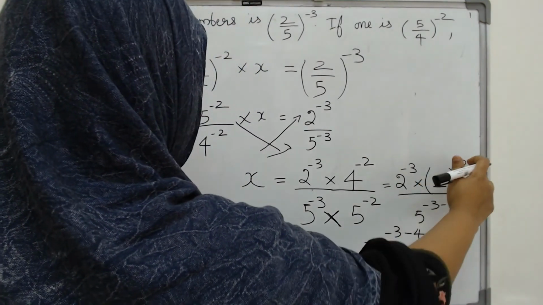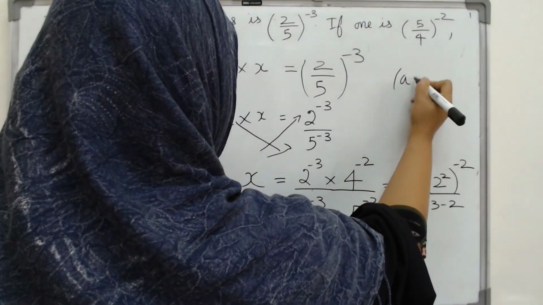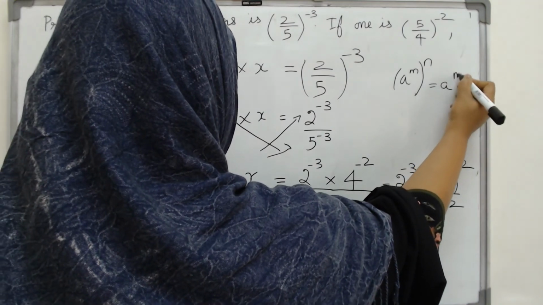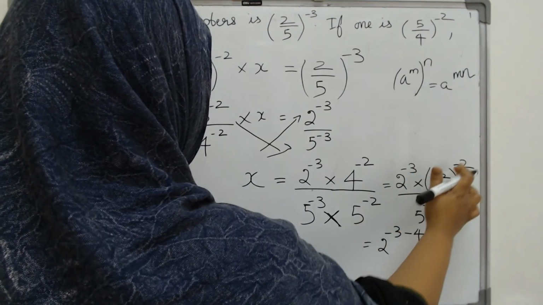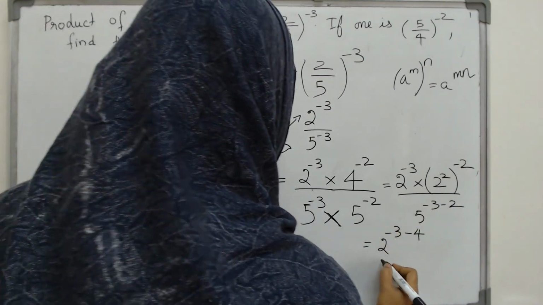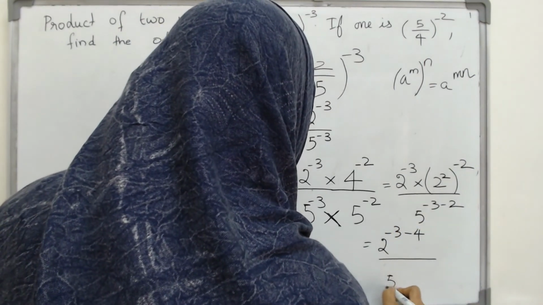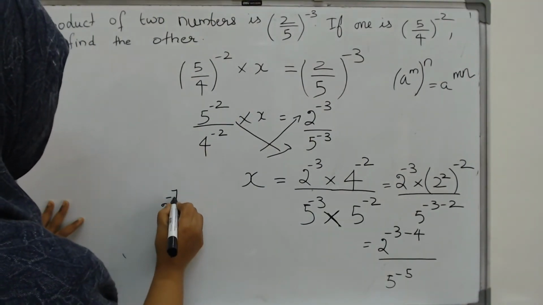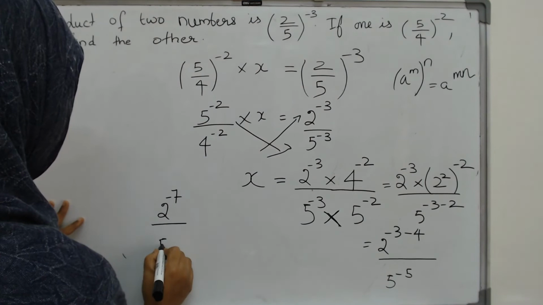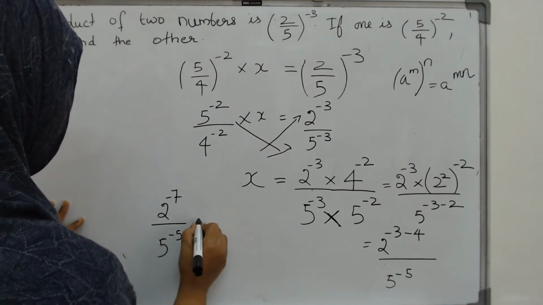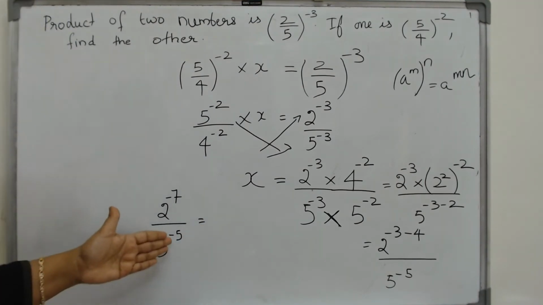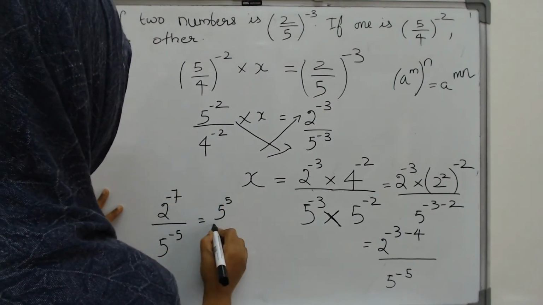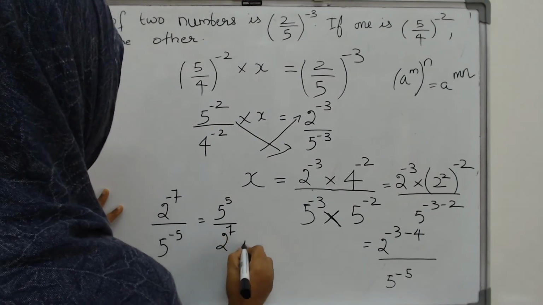Why? 2 into minus 2, because we know that a raised to m, the whole raised to n, is equal to a raised to m into n. So 2 into minus 2 would give you minus 4. That would be 5 raised to minus 5. So the answer will be 2 raised to minus 7 by 5 raised to minus 5. We can just get rid of these negative signs by changing them. So 5 raised to 5 by 2 raised to 7 is the answer you need.